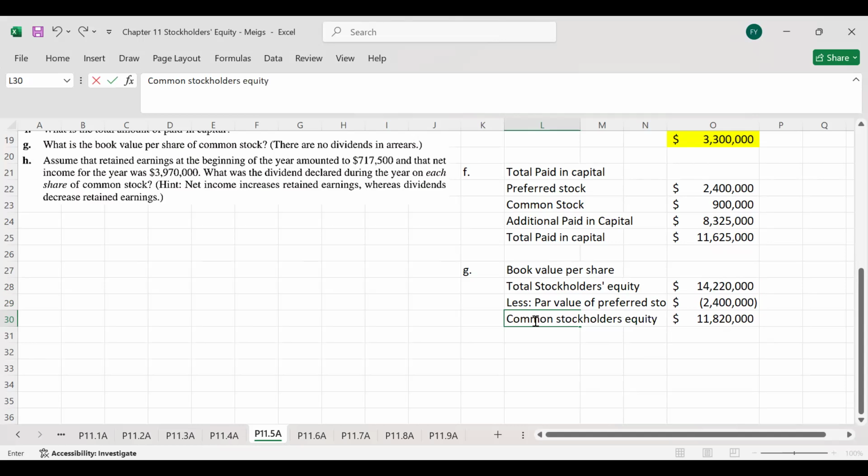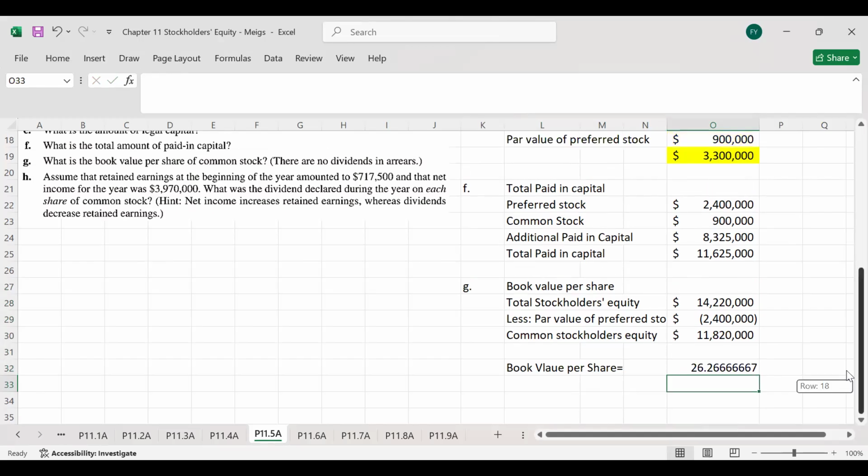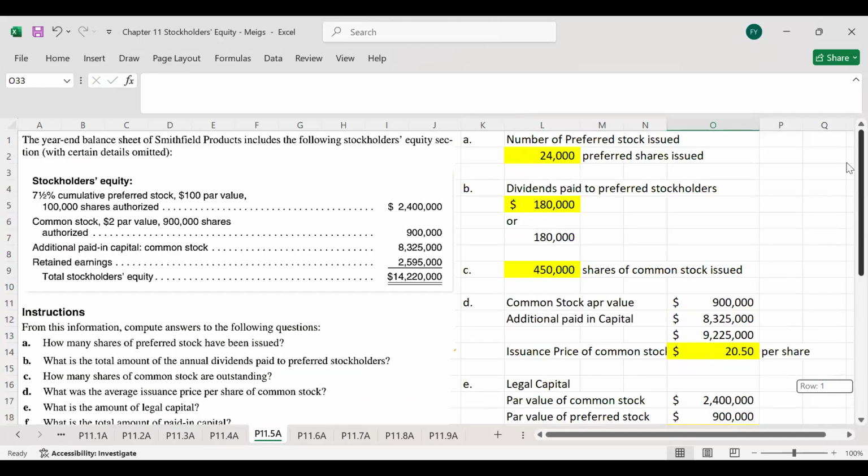So for book value per share, this is the amount, 11,820,000, divided by the total number of common stock, which is 450,000. We calculated this in part C, the total number of common stock issued.